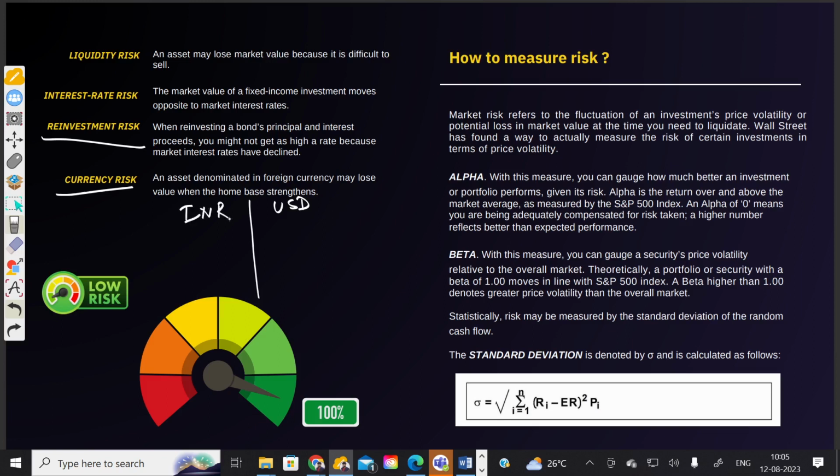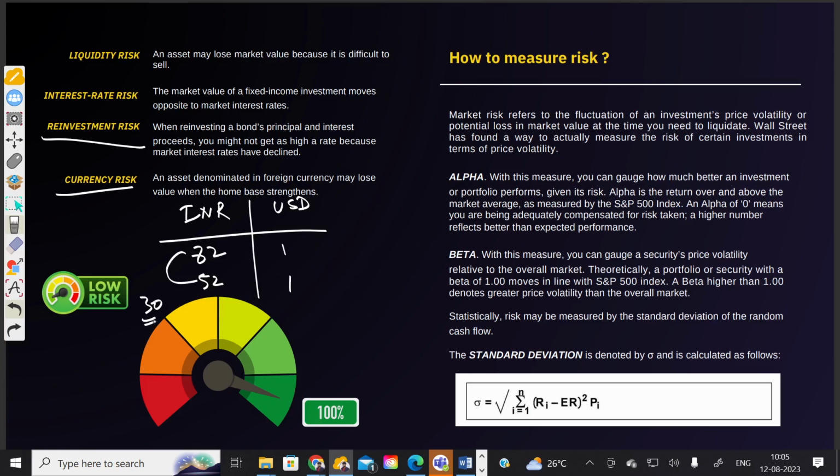Due to currency fluctuations, now $1 is 82, but before the pandemic, or maybe in 2014, 16, 17, $1 was 52. So 82 minus 52, around 30 rupees. So the rupee has lost value against the dollar.